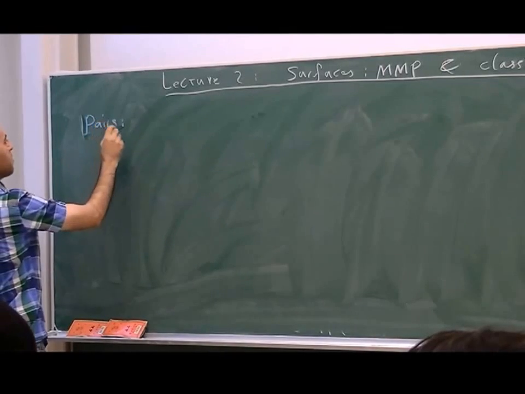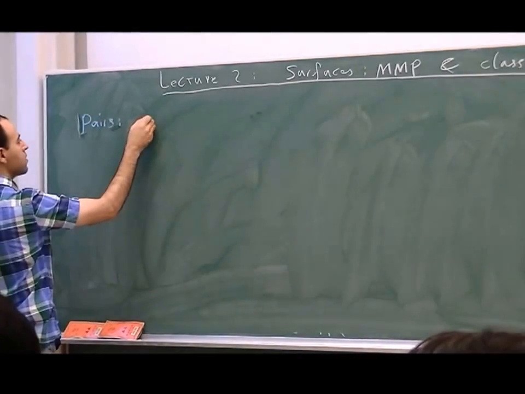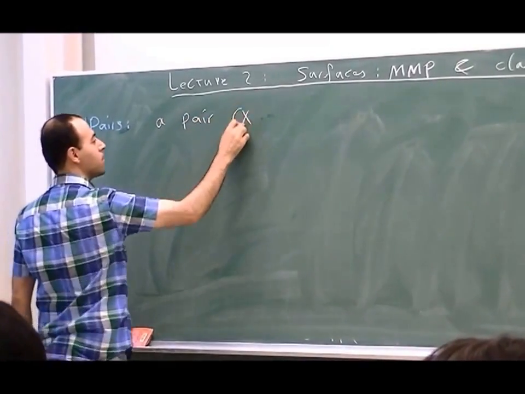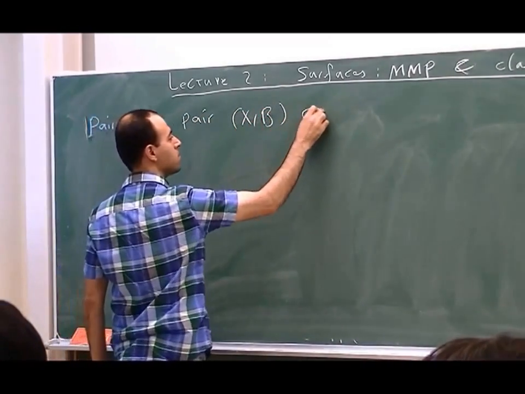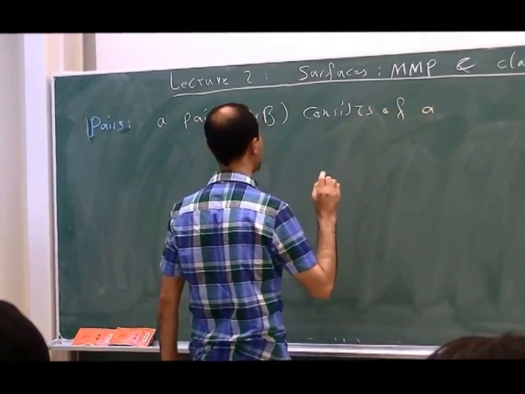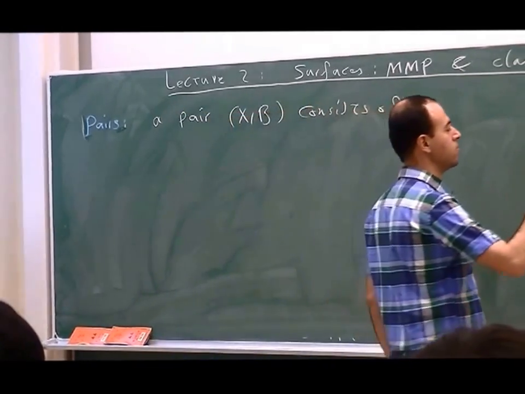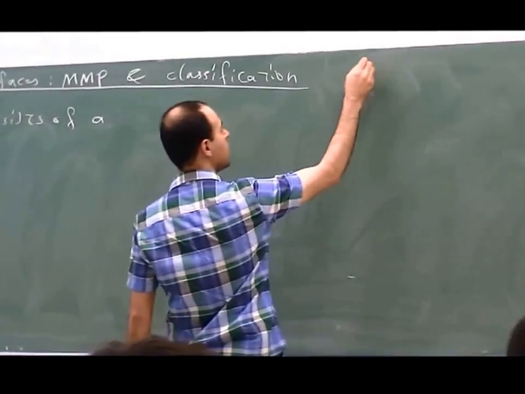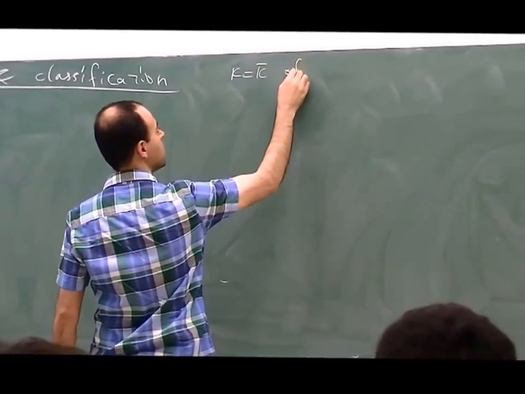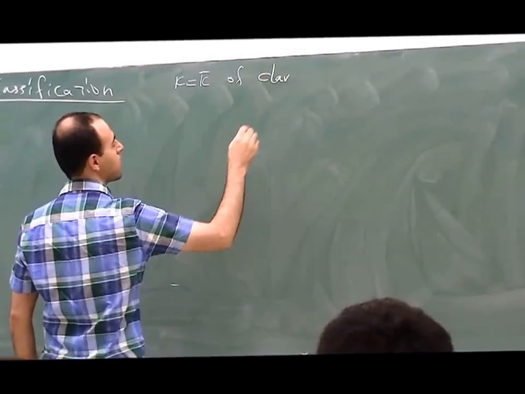So the first thing is pairs. A pair consists of a normal projective variety, or not necessarily projective. Let me also fix an algebraically closed field of characteristic p.